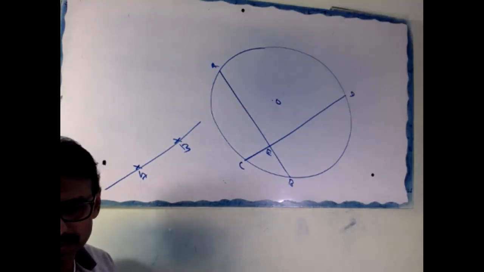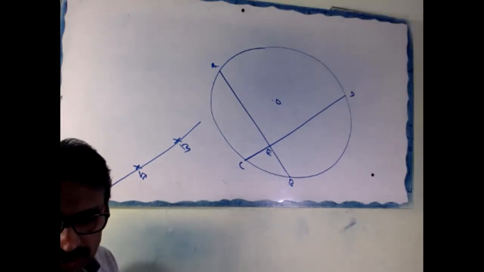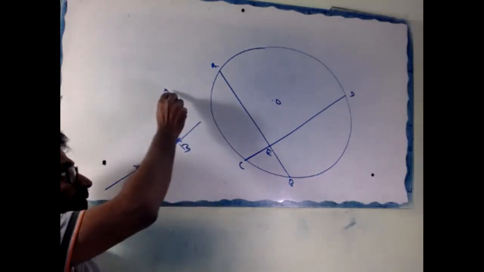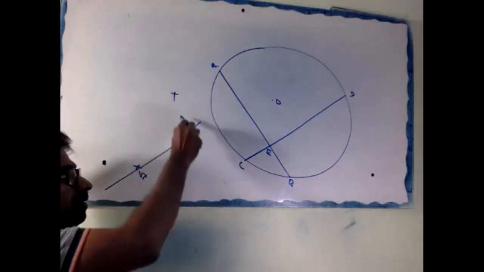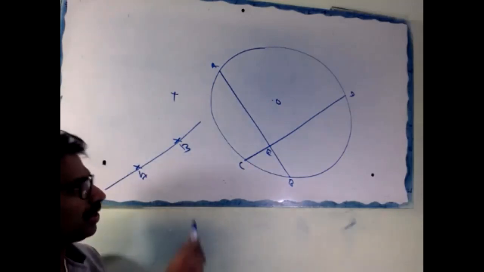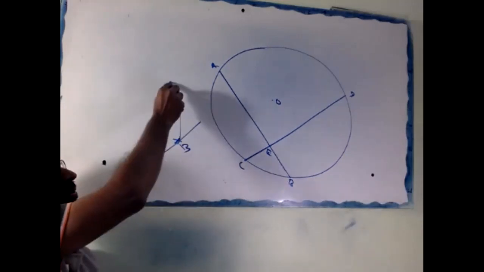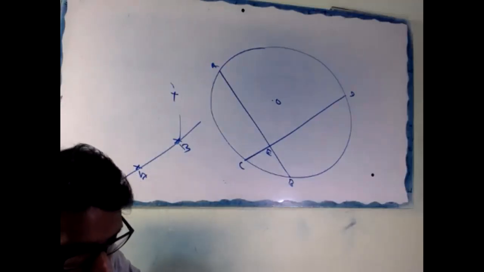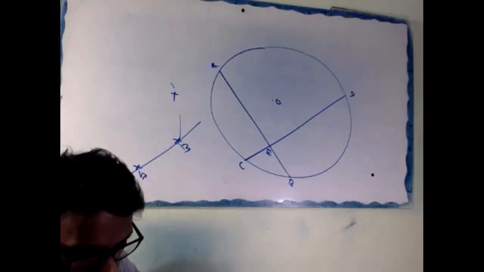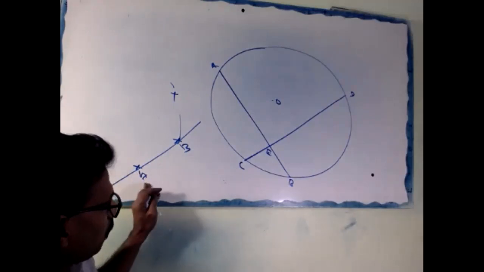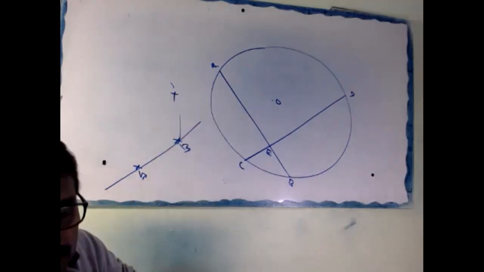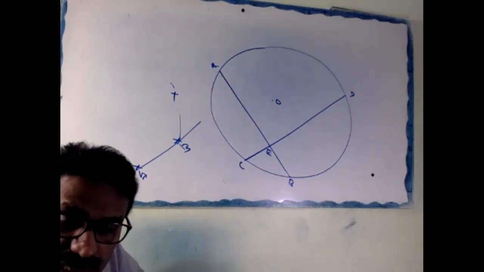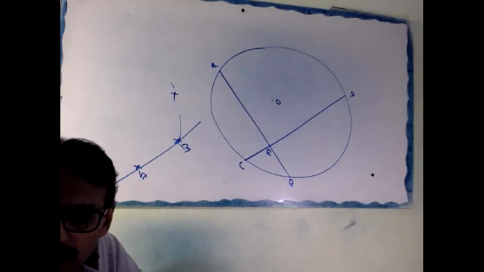Suppose the third point is coming somewhere here. There is no chance to come like this, it will be straight, right? If point 1, point 2, point 3 is not coming straight, something is wrong. You have a chance to recheck it. Clear or not?